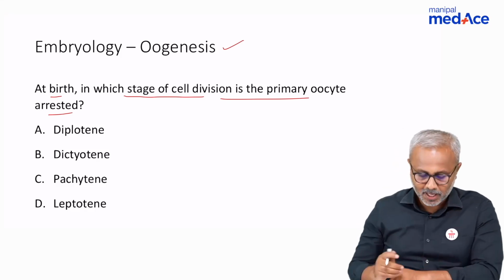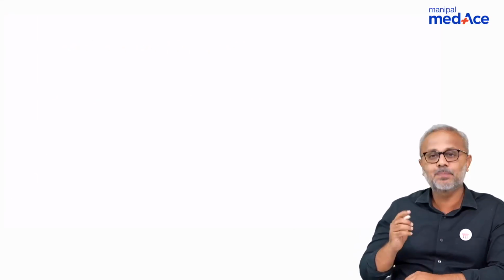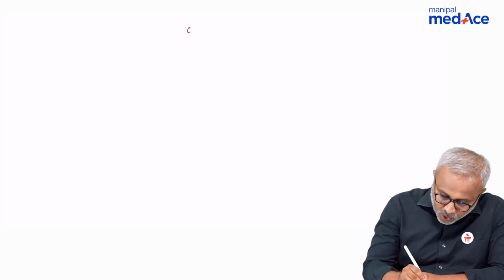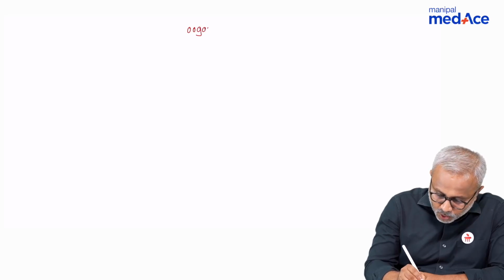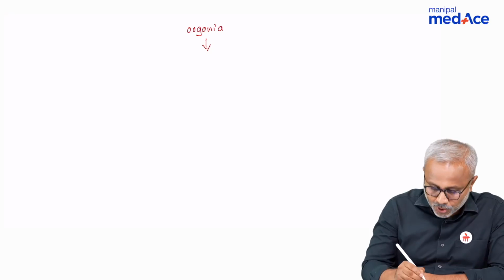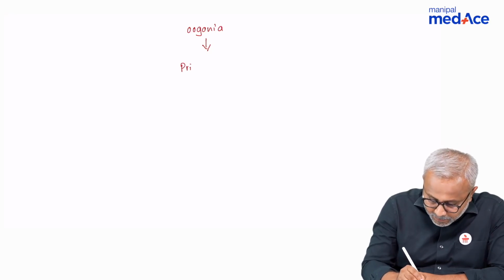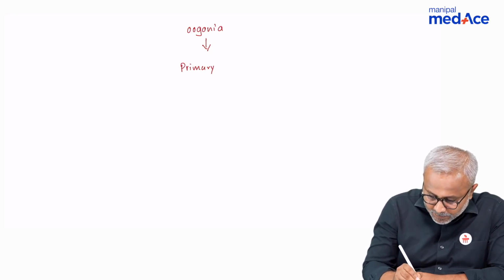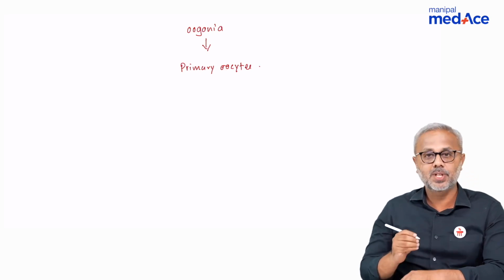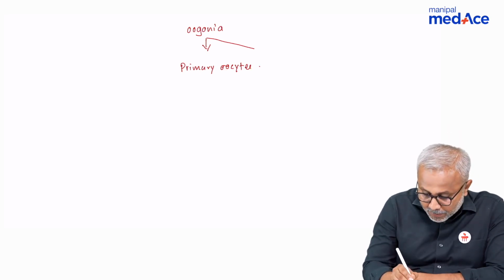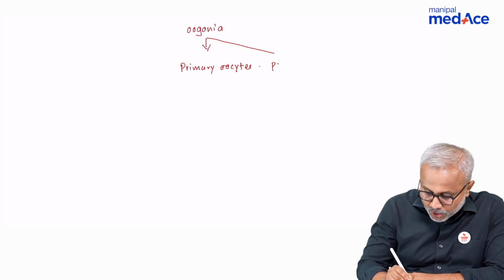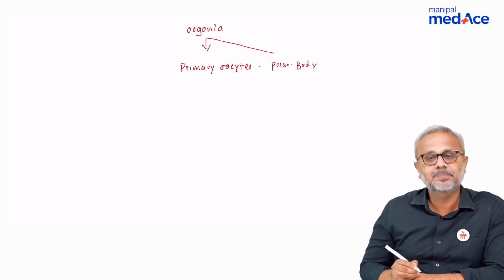Okay, remember, when we talk about the steps of oogenesis, what do we have? We have oogonia. Now these oogonia will give rise to what we call primary oocytes. Now apart from primary oocyte, there is also formation of a structure called polar body.